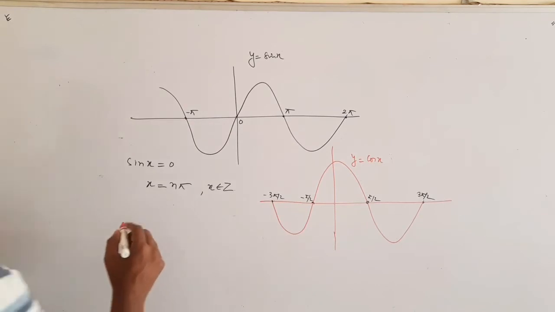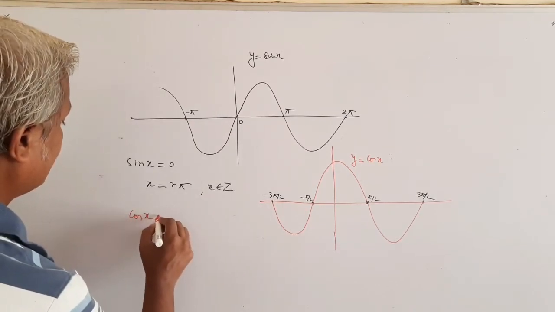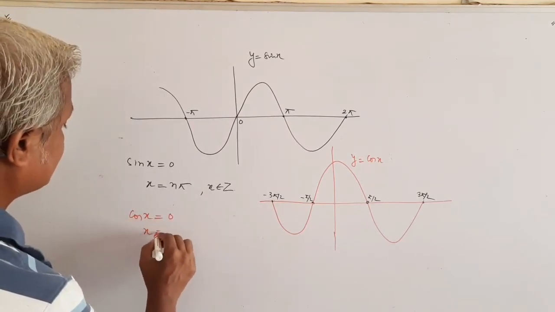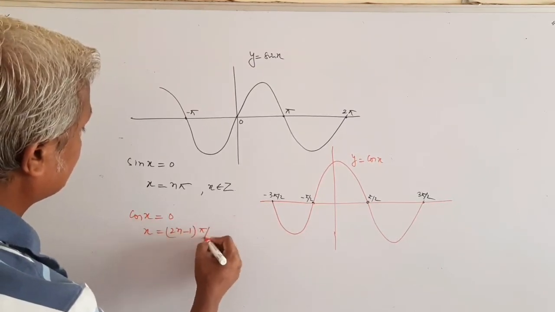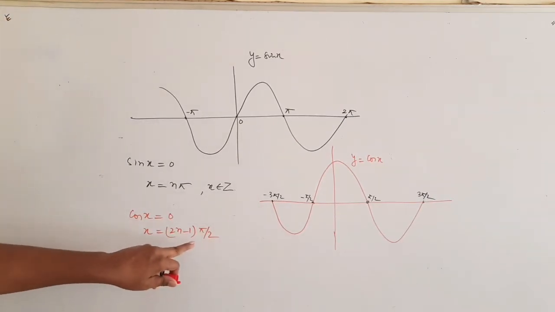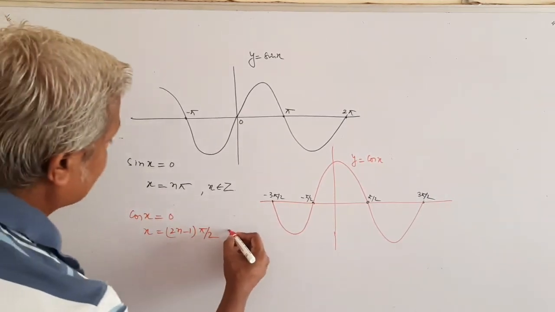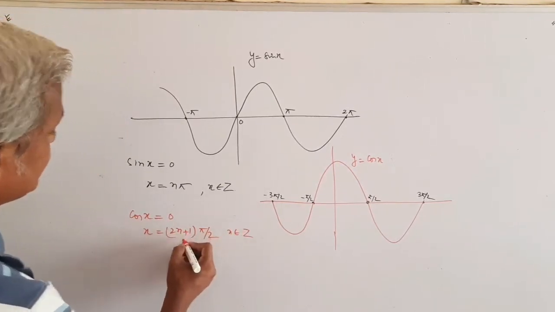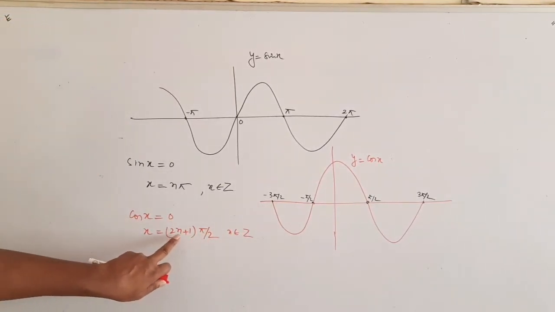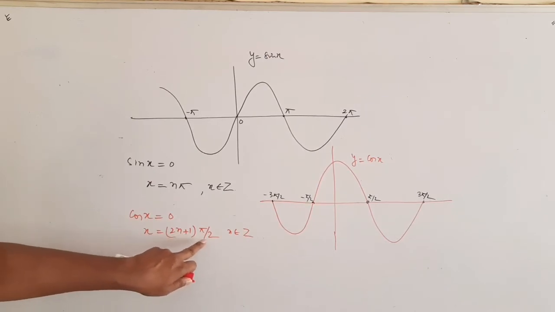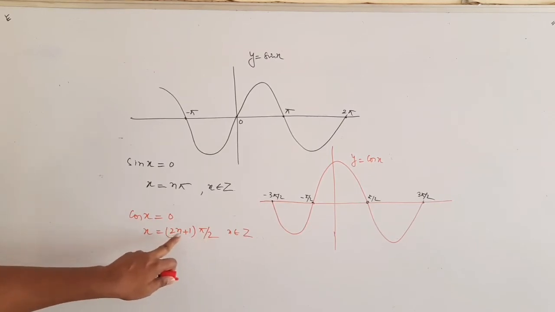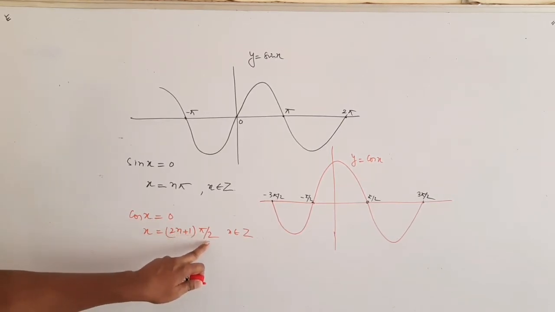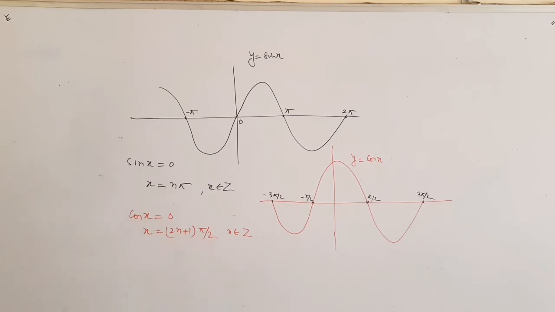So when we have cos x equal to 0, we can say x is (2n minus 1) pi by 2, and you can take (2n plus 1) also, n is integer. So if I say plus, put n as 0, then 2 times 0 plus 1, pi by 2. So that is cos pi by 2. When you put n is 1, 2 times 1 plus 1, 3 pi by 2, and then 5 pi by 2, like that. So these are the odd multiples.